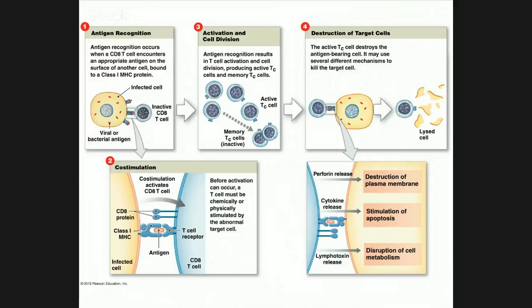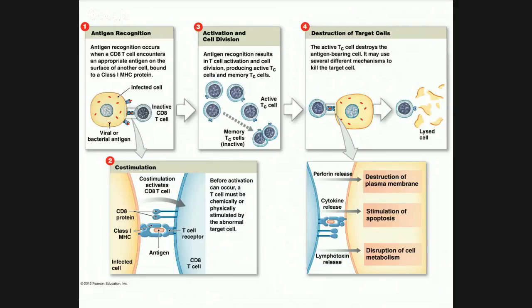When they are activated, CD8 cells proliferate and differentiate again, making many copies of themselves that are identical in that they all have the exact same T cell receptor, and they differentiate into either the active cytotoxic T cells or memory cytotoxic T cells to be available for future infections.